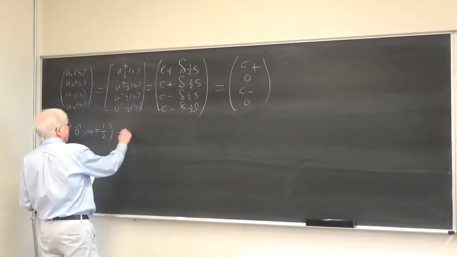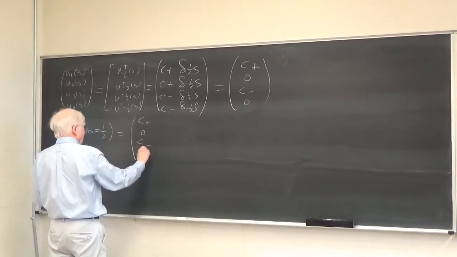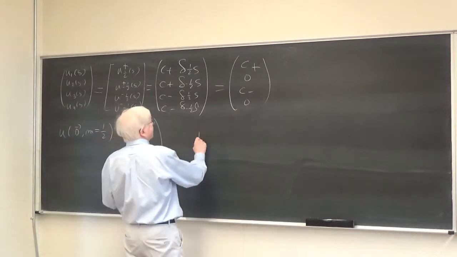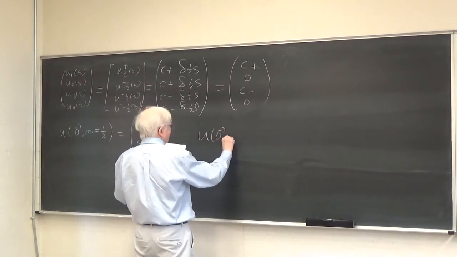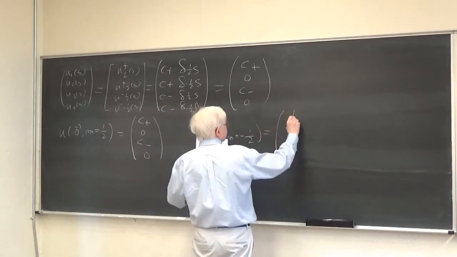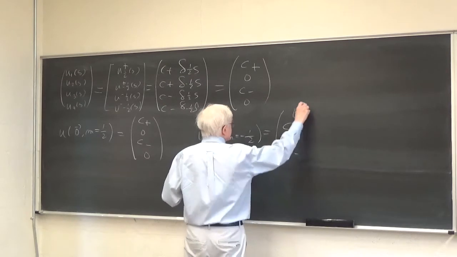What do we have? We have C plus 0, C minus 0, and the other one, U for M equals minus a half, is 0, C plus 0, C minus.